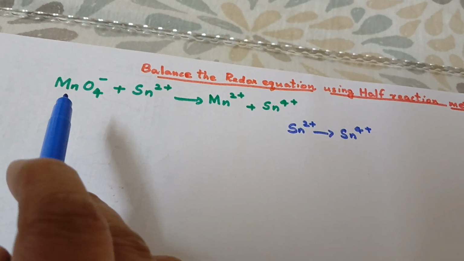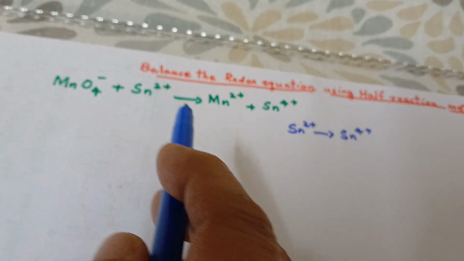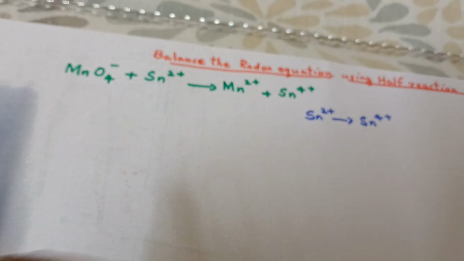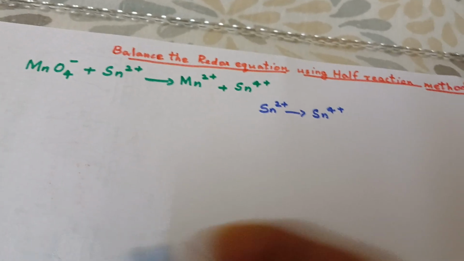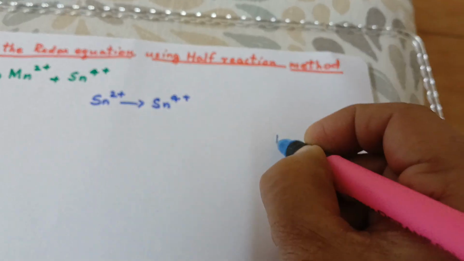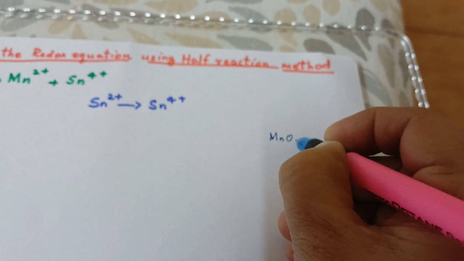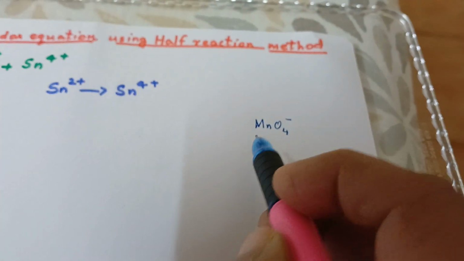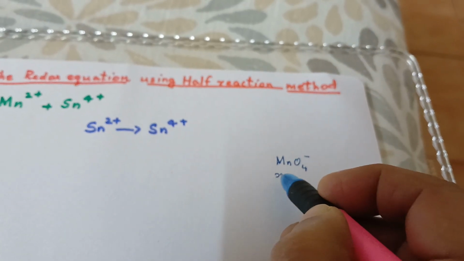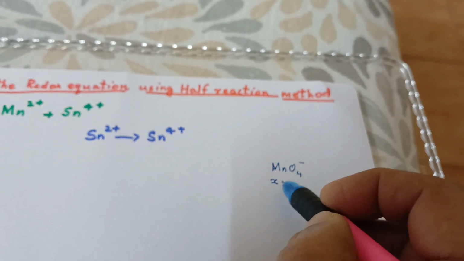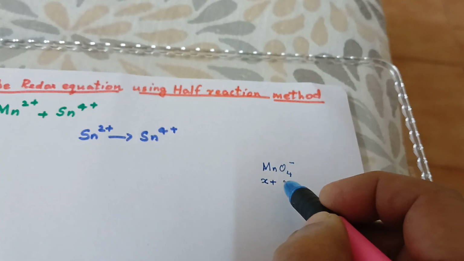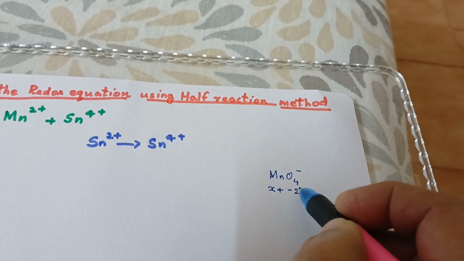The next one is MnO4⁻ giving Mn²⁺. Let us find the oxidation number of manganese in MnO4⁻. Let x be the oxidation number of Mn, and minus 2 is the oxidation number of each oxygen atom.